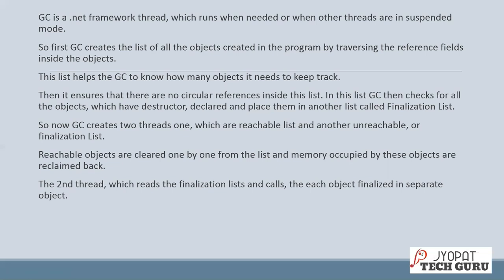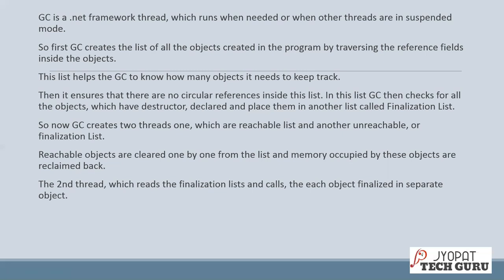So it is going to track all the important information, ensuring that there is no circular reference inside the list. It is going to check for all the objects which have a destructor and place them in a list, the finalization list.